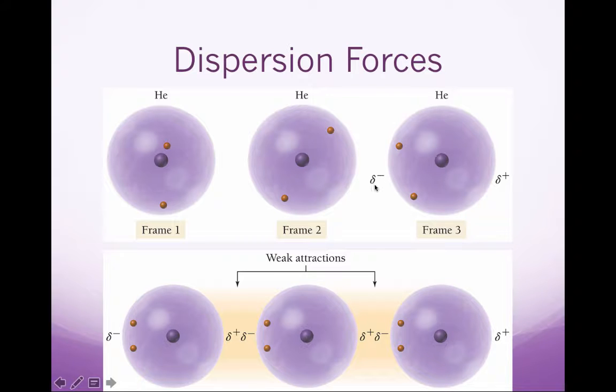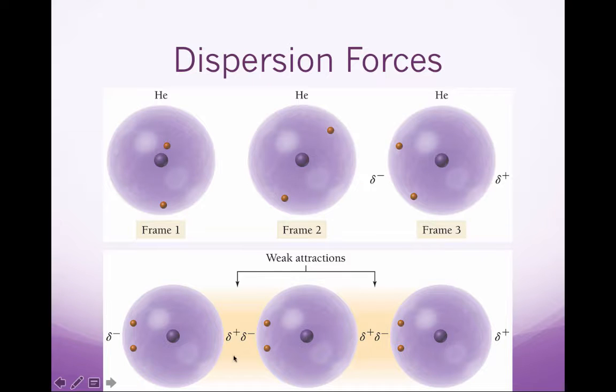And remember, we looked at this delta negative, delta positive notation when we did the last lecture, right? When that happens, this can induce a temporary dipole in an atom or molecule next to it. So we have this atom, its electrons are all on one side, so it has a temporary dipole, partially negative here.